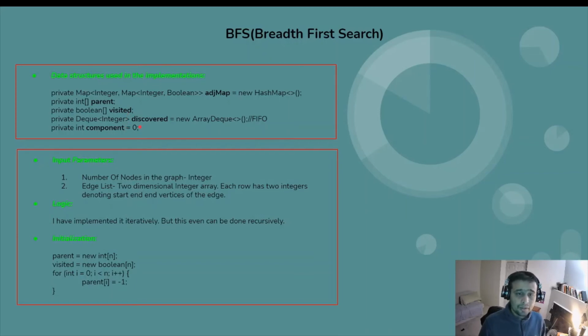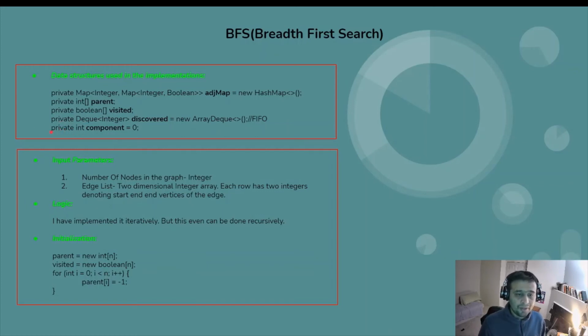And to mimic the FIFO data structure, the discovered area, I took a double-ended queue, a deque, and this basically will act as FIFO. We will insert from the back and remove from the front. So this will mimic the FIFO data structure or queue.